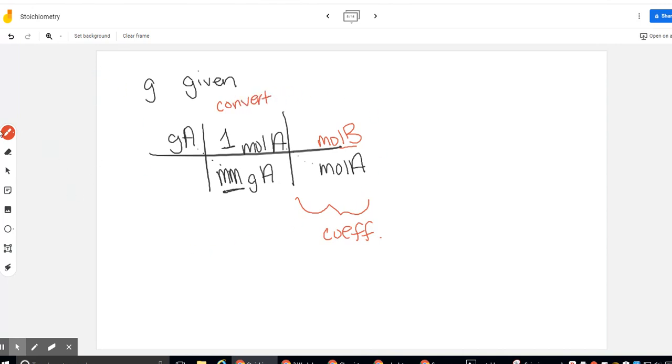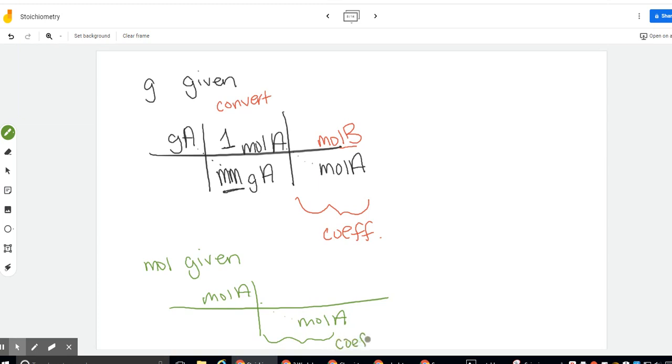All right. The other option or the other type that we just saw was that if moles were given, okay, we have moles of A, and that just represents a compound. We would bring those words down to the right. We notice that we already have moles ready to go, so we're already in Moletown. We're using that information that we know, crossing the bridge, or using our mole ratio. That's where our coefficients come from.